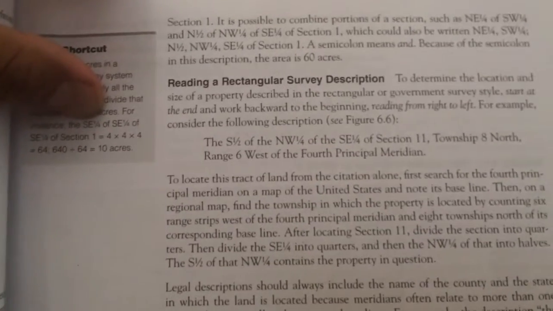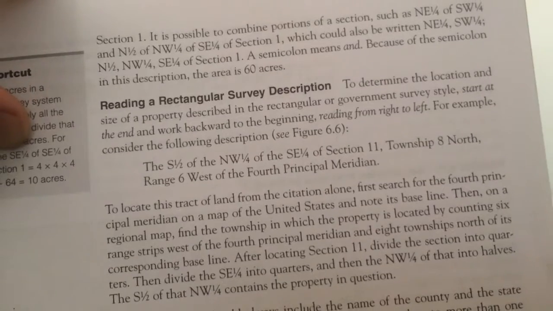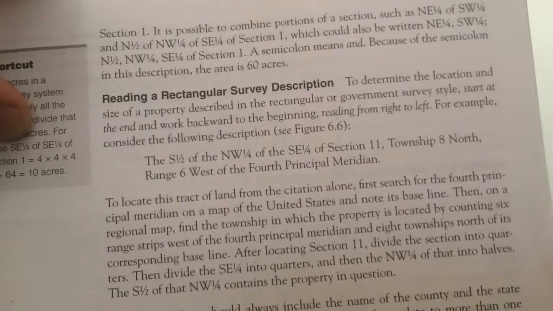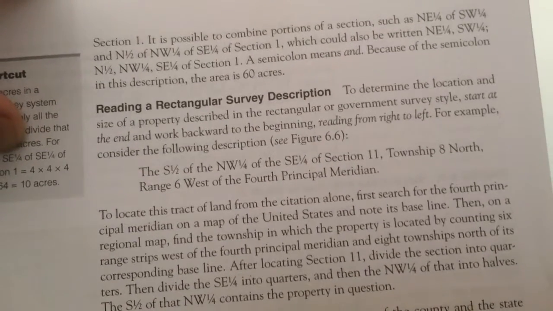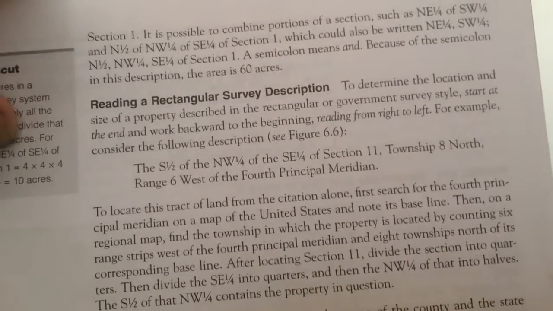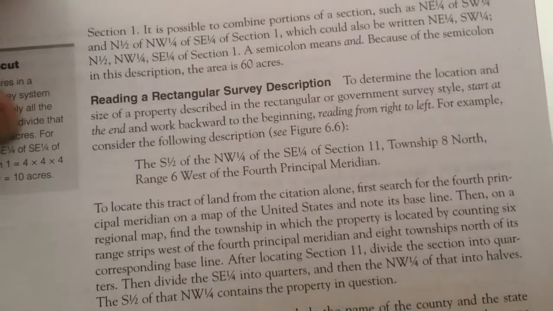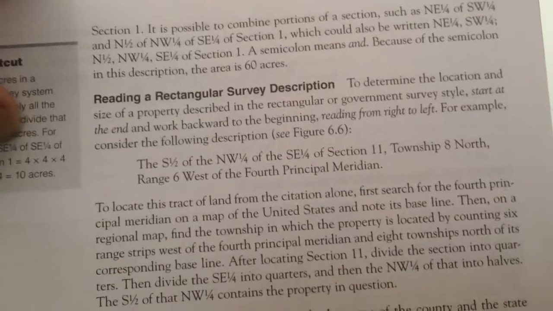Reading a rectangular survey description. To determine the location and size of a property described in the rectangular or government survey style, start at the end and work backward to the beginning, reading from right to left. For example, consider the following description. See figure 6.6.